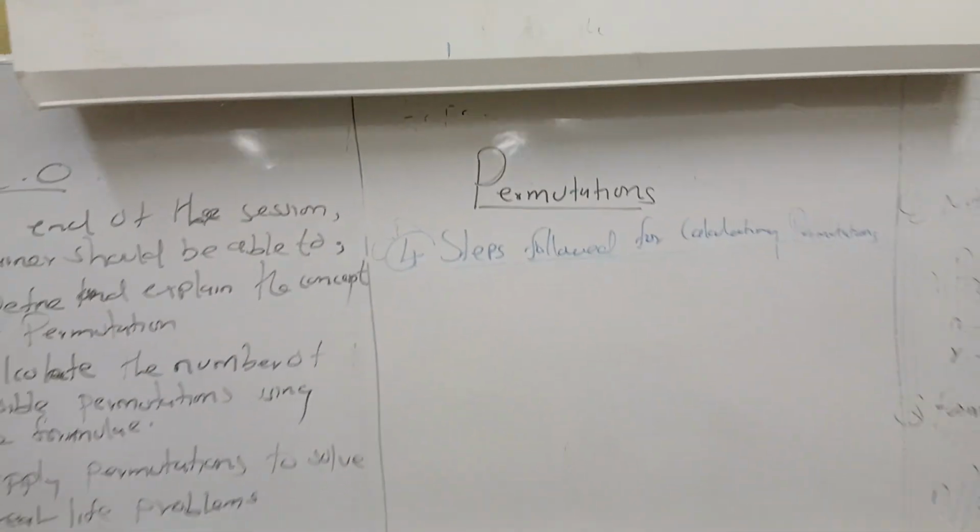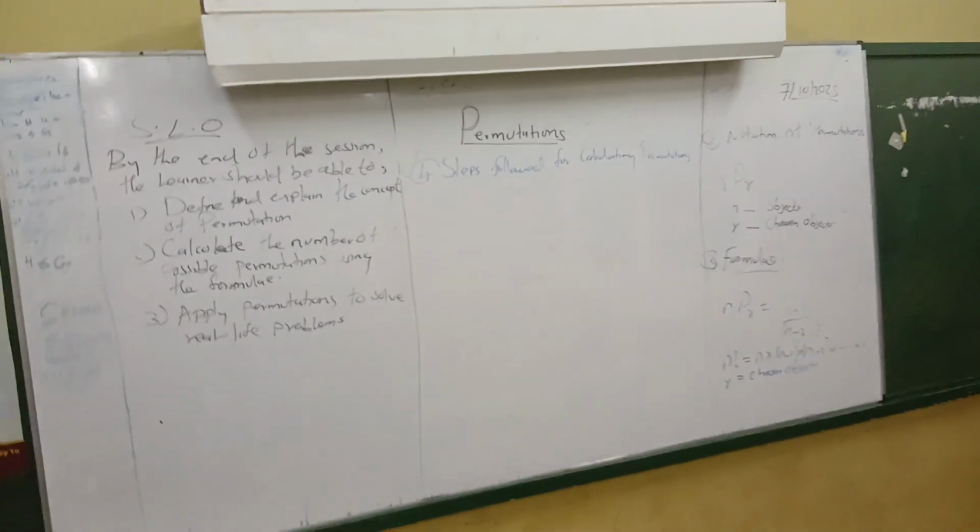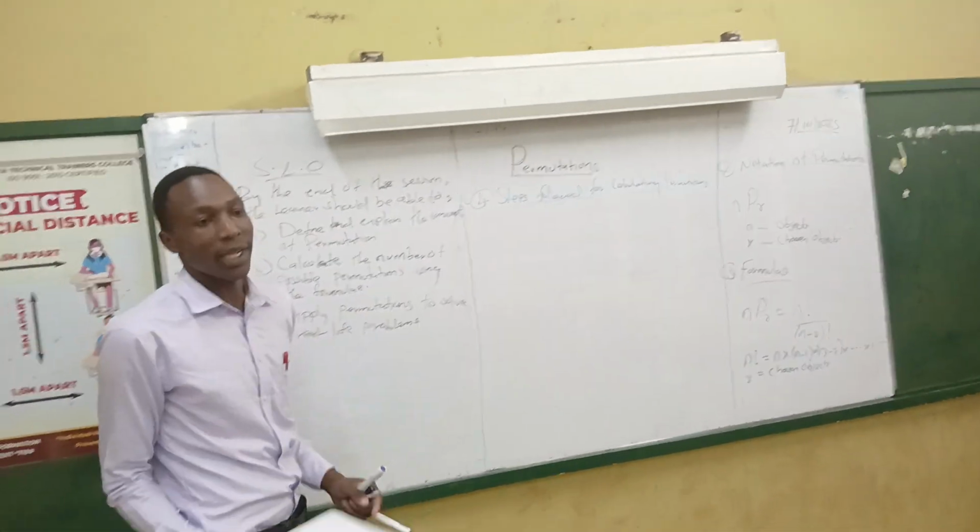We are still at the basics of introducing this topic, permutations. How do we calculate total permutations?